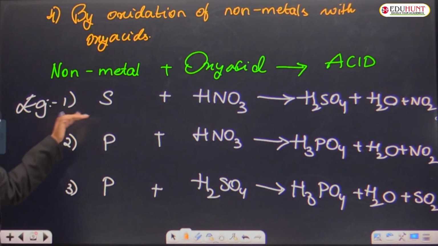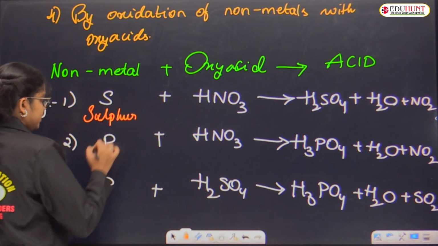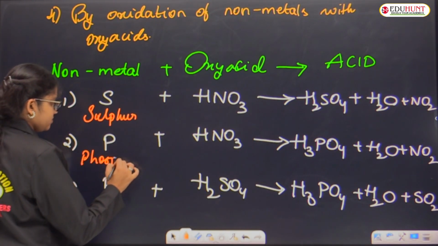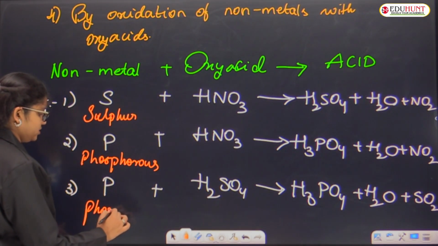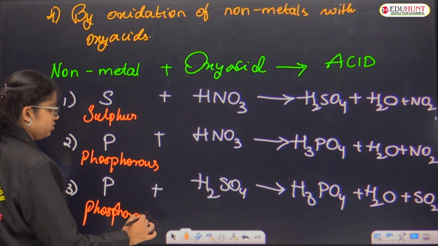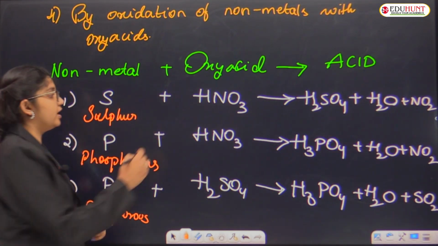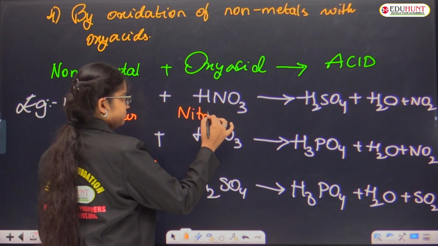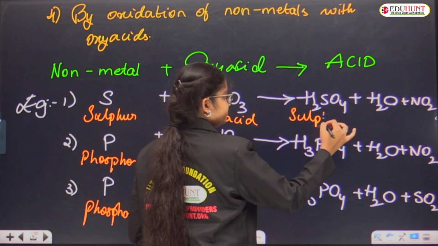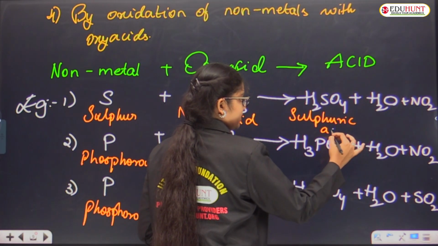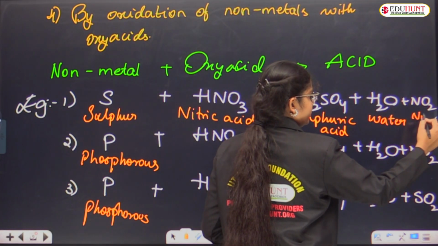Okay, first one, sulfur. We are taking sulfur non-metal. Here it is phosphorus. Here also, phosphorus. Now, first example we are taking sulfur plus nitric acid to get sulfuric acid, water and nitrogen dioxide.